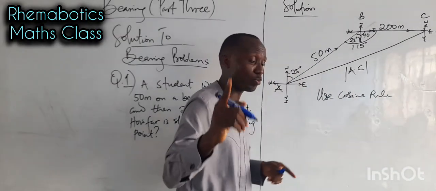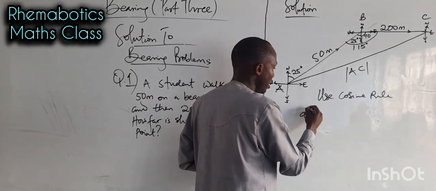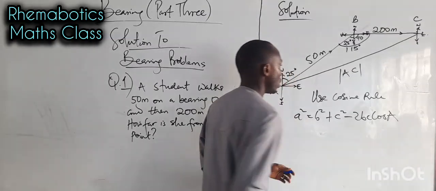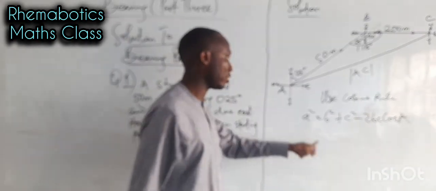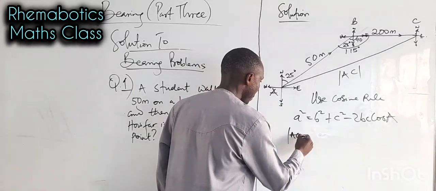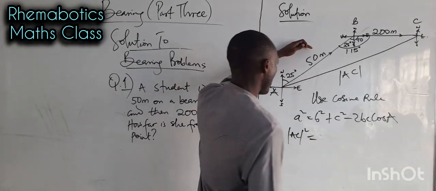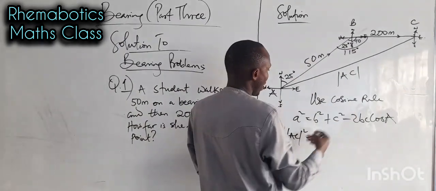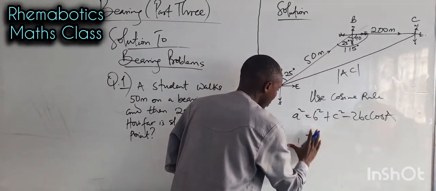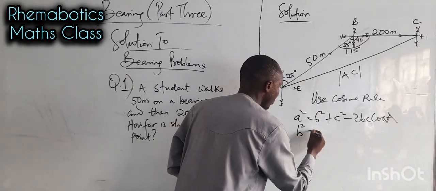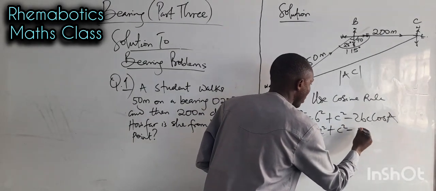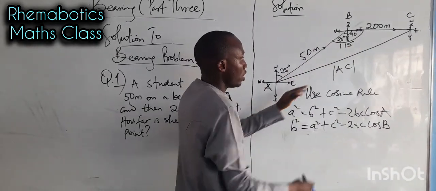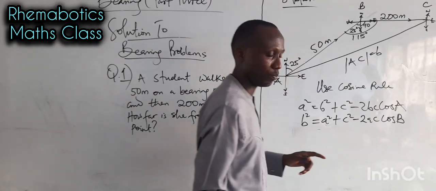So if you have not watched that video on principles, go and watch it. In that principle, we said a squared is equal to b squared plus c squared minus 2bc cos A. So let's assume this side is our AC. Because of the labeling, we can say b squared equals a squared plus c squared minus 2ac cos B. That means AC becomes small letter b.